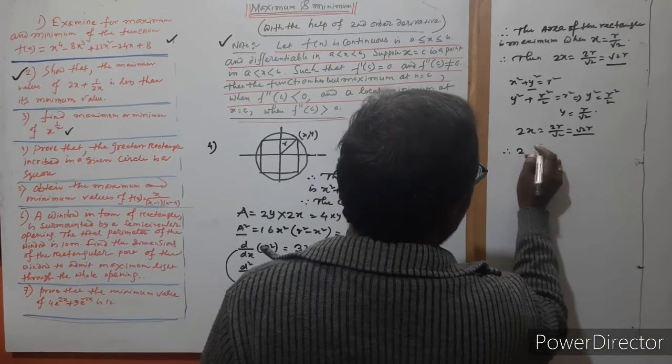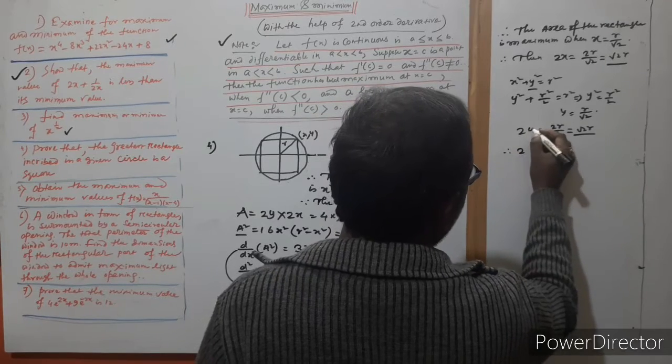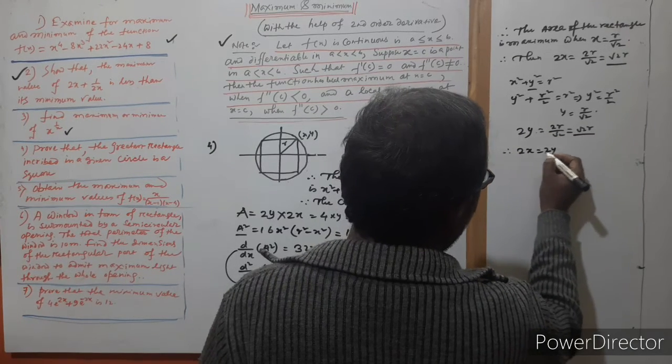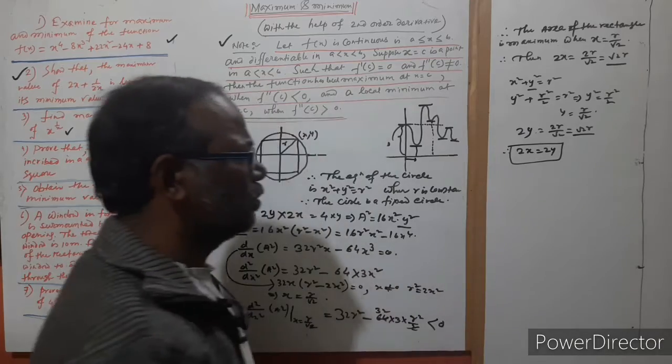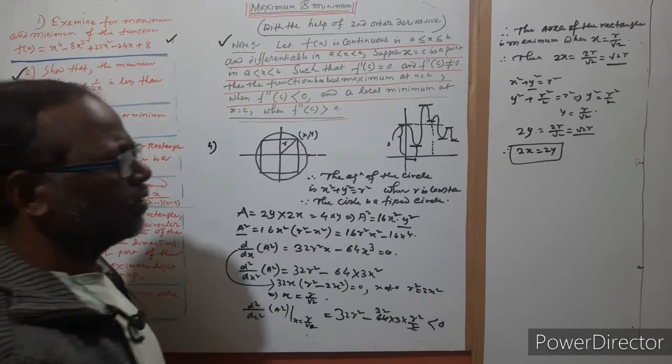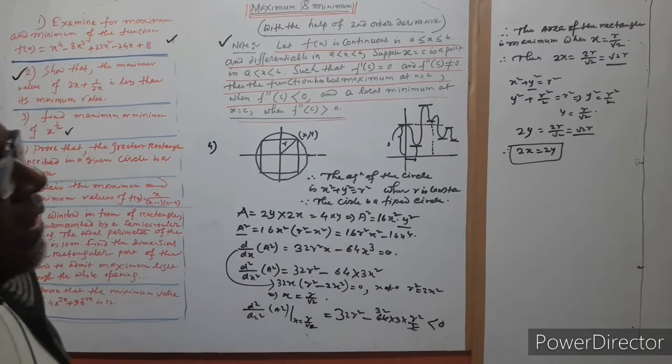Therefore twice x is equal to twice y. So length and breadth are equal. Therefore, the rectangle is a square.